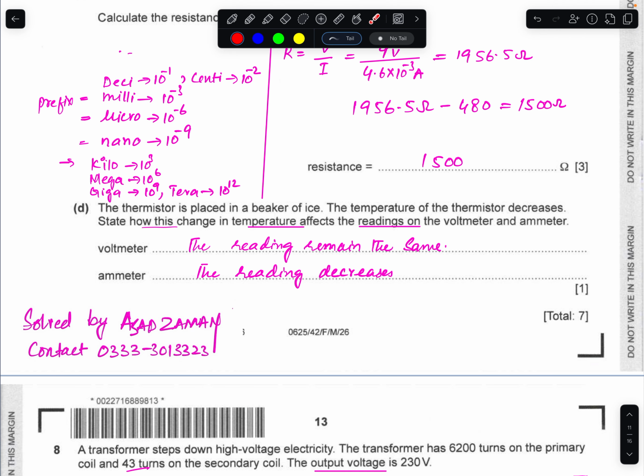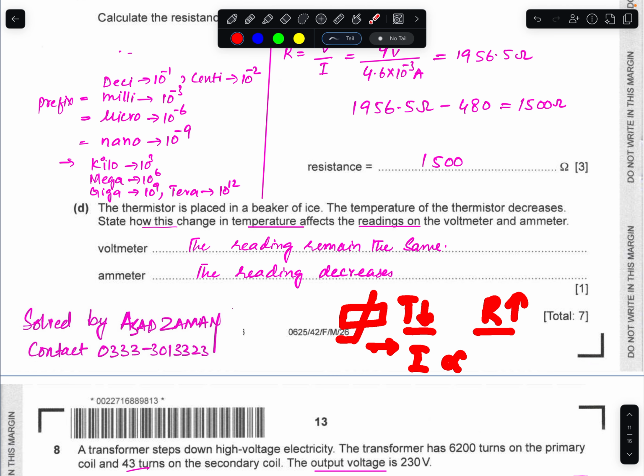The thermistor is placed in a beaker of ice. Now they are saying that the thermistor temperature is decreasing. If its temperature is decreasing, then the resistance is increasing, because temperature and resistance have an inverse relation. If the resistance is increasing, it means that the current through the thermistor is decreasing, because current and resistance have an inverse relation.